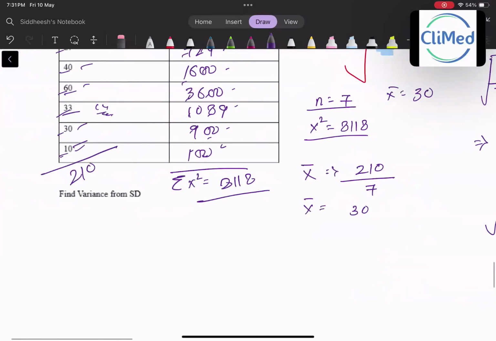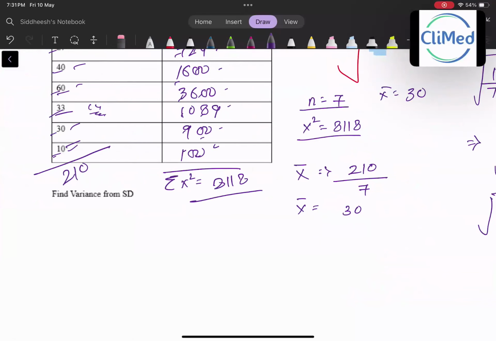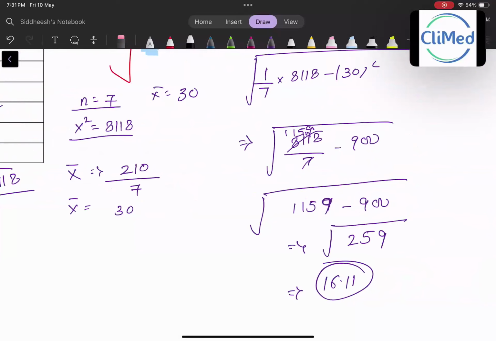Okay. The next question is: find the variance from ST. The question is very simple. The formula is again a very simple thing. If you know basic statistics, this 259, before taking the square root, is your variance.